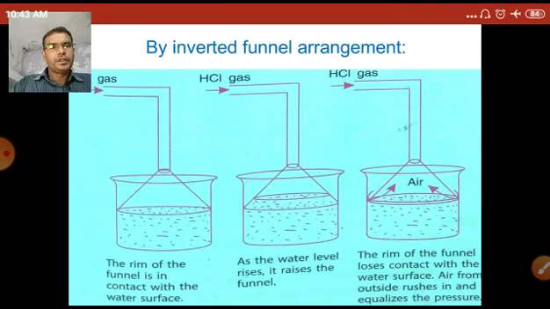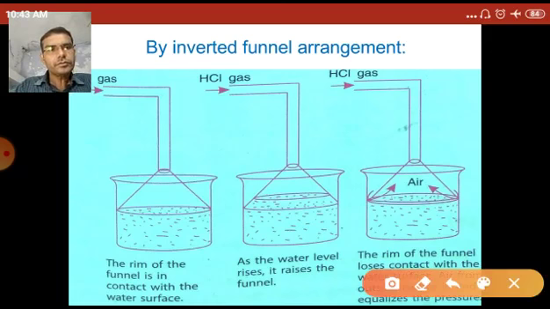After the water falls down into the beaker, the rim of the funnel again contacts the water surface, and under that condition the water never rises into the delivery tube to come into contact with the conc.